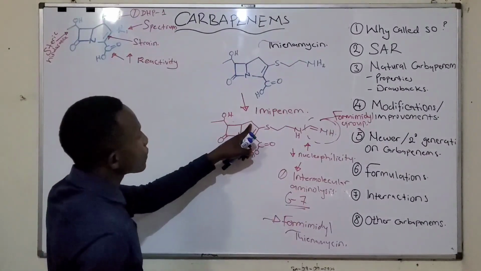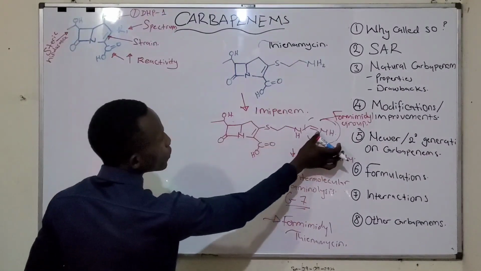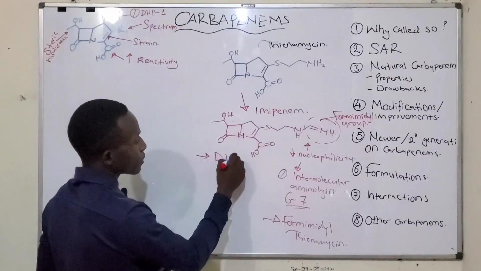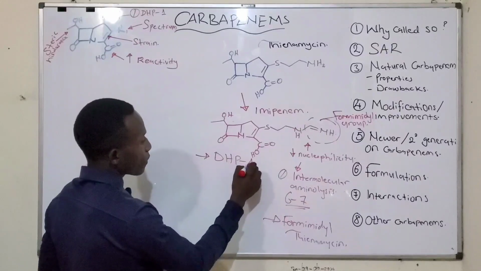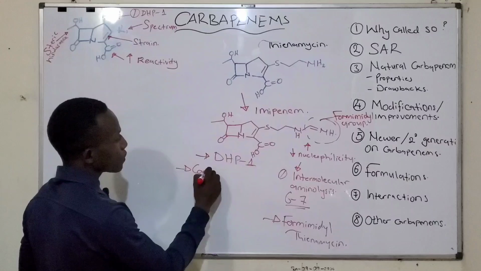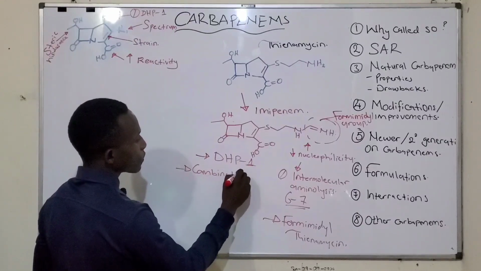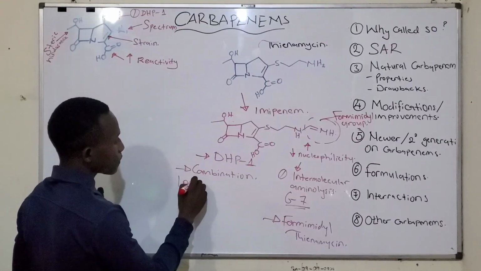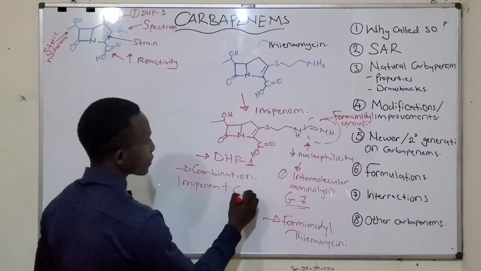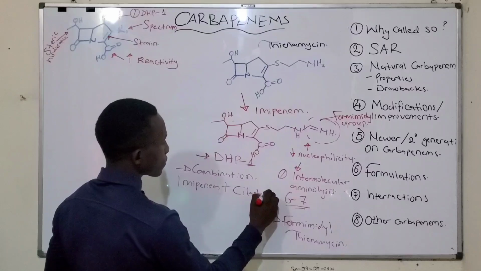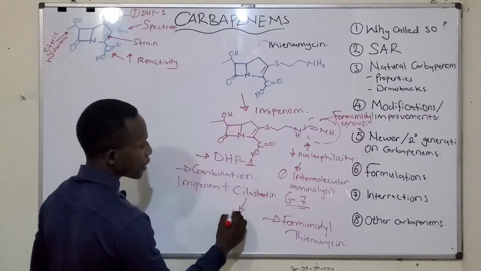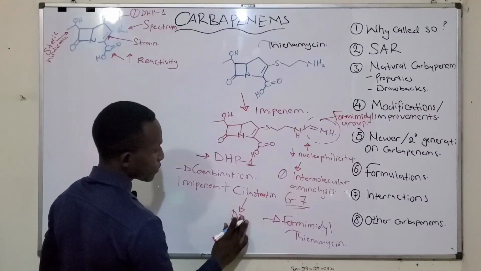Again, with this drug we see that the only change is at this position, meaning that it's also inactivated by DHP-1. The solution for this was to make a combination. For imipenem, they added cilastatin. This cilastatin is a DHP-1 inhibitor.